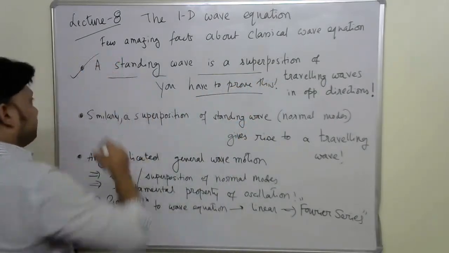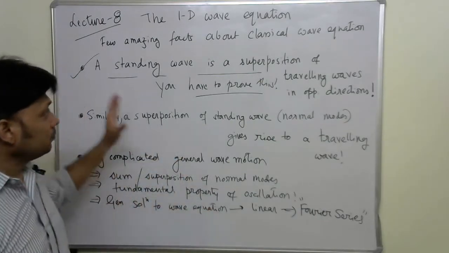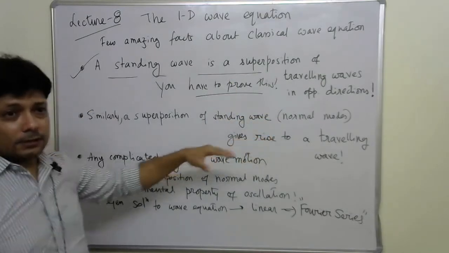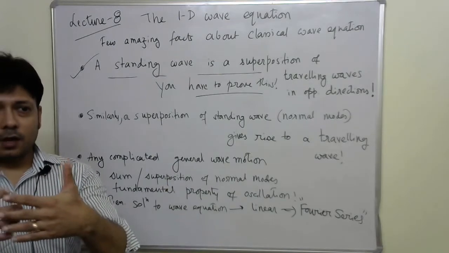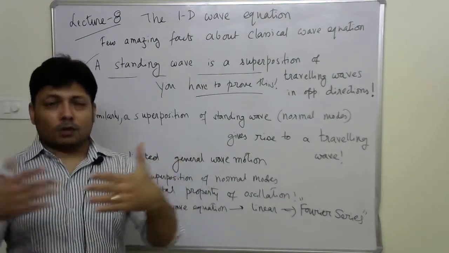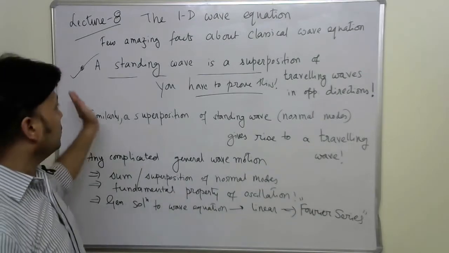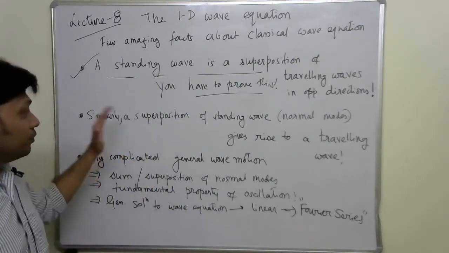Of course, you can take the help of your textbook and show that when two traveling waves propagate from opposite directions, they give rise to a standing wave. And similarly, the reverse is also true.